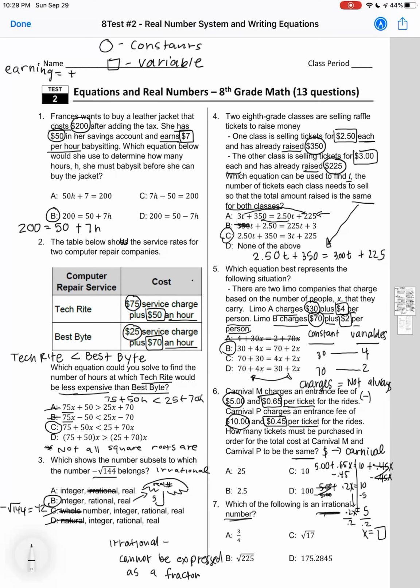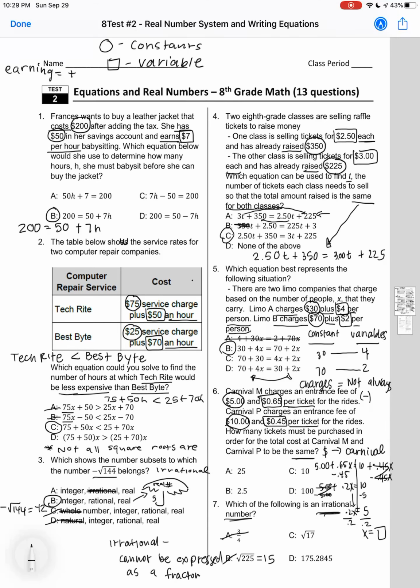So we already know this one can't be right. And the square root of 225 equals 15. 15 is not irrational. And so now we're down to C and D.